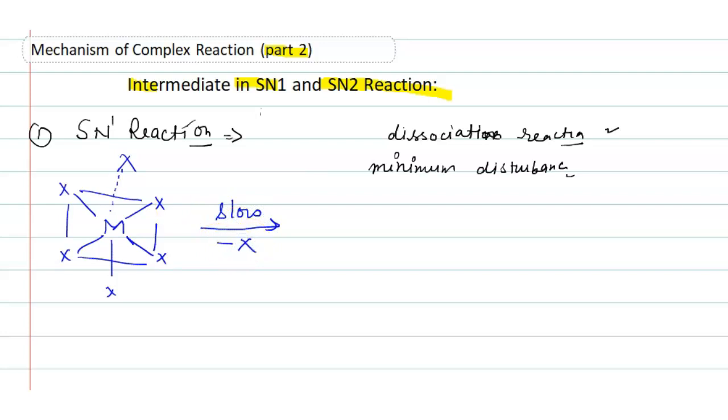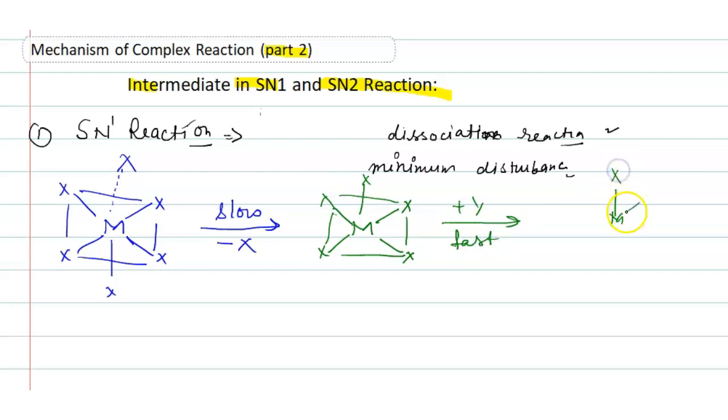Here X is removed, so we will get an intermediate complex, in which X is removed and the further reaction is fast, and this forms a product in which Y takes the place of X.